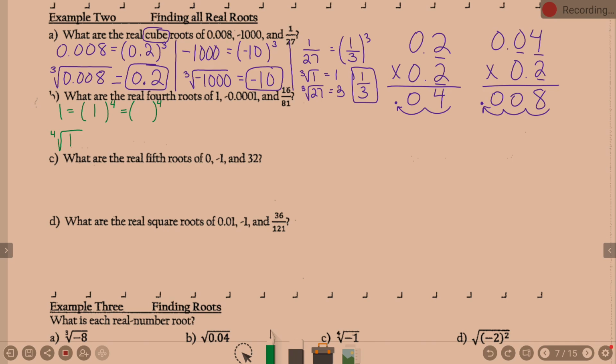Because a positive base, fourth root of 1 was plus or minus 1. The square root of 36 over 121 was plus or minus 6 over 11. So a positive base every time is going to equal 2 real solutions. Now, what do those 2 real solutions look like? Plus or minus. So I'm going to write plus or minus right there. That was if there's a positive base.